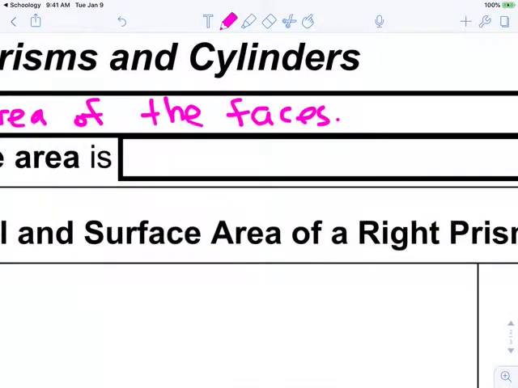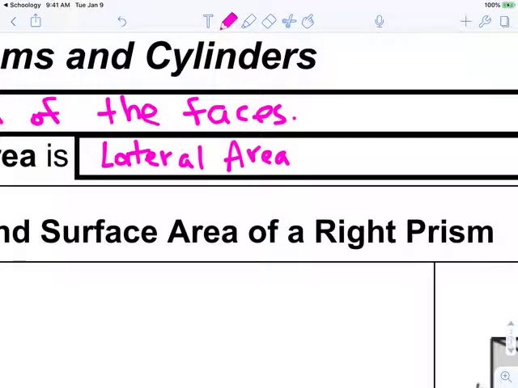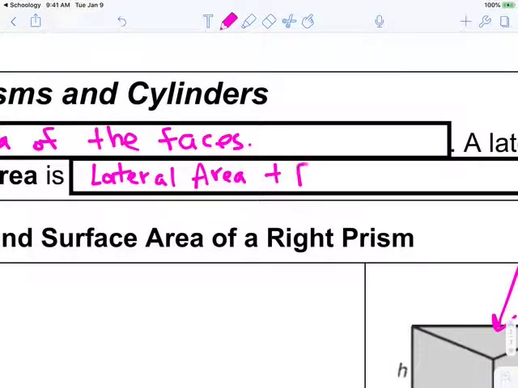So that means surface area is lateral area plus base areas. You might want to have that in your notes. Lateral area plus base areas gives you the entire surface area. Makes sense, right?